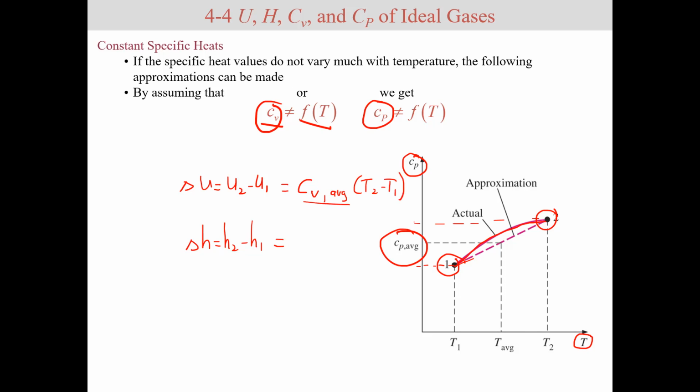Where I assume some average specific heat value between the two temperatures, assuming that the temperature range is not significant, meaning that I'm not assuming the specific heat to be average for a great differential range of Cp.